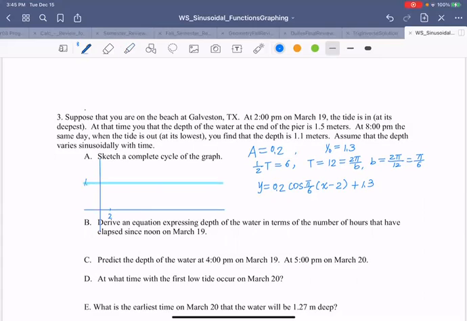So this is the position of the midline. Then at 2 p.m., it reached the peak, which is 1.5. And then at 8 p.m., it's going to be on the bottom one. It's about 1.1. Okay.